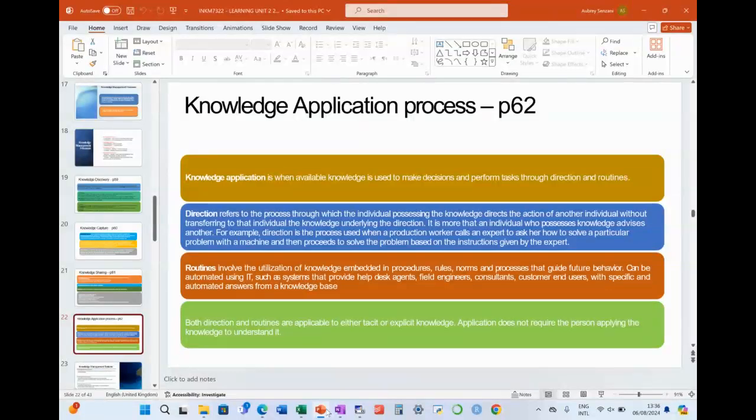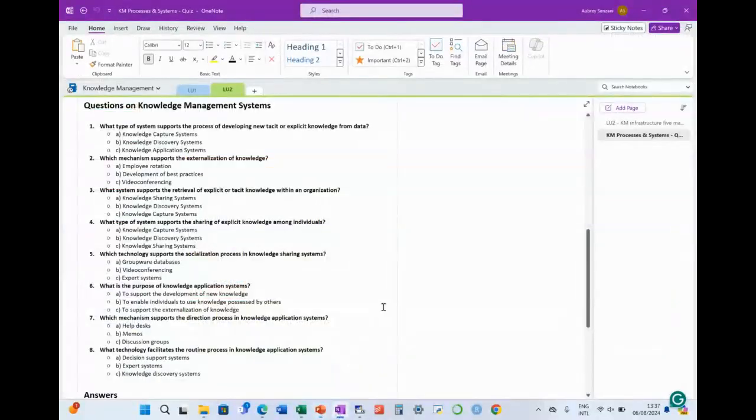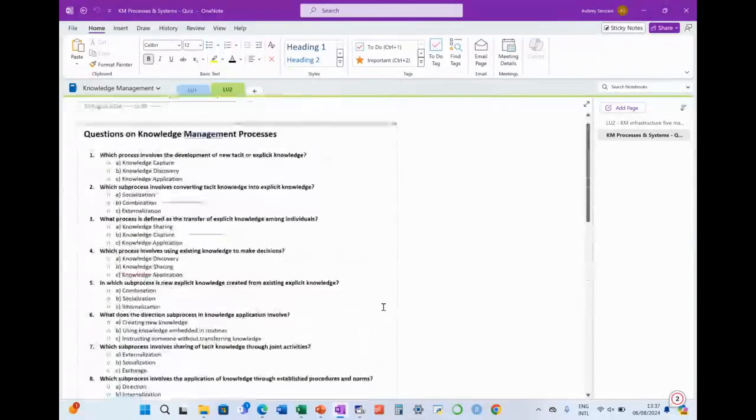Before we go any further, we basically just discussed your knowledge processes. We then go on to your knowledge systems. But before we go there, I want us to do a quiz on knowledge, not systems, but processes.